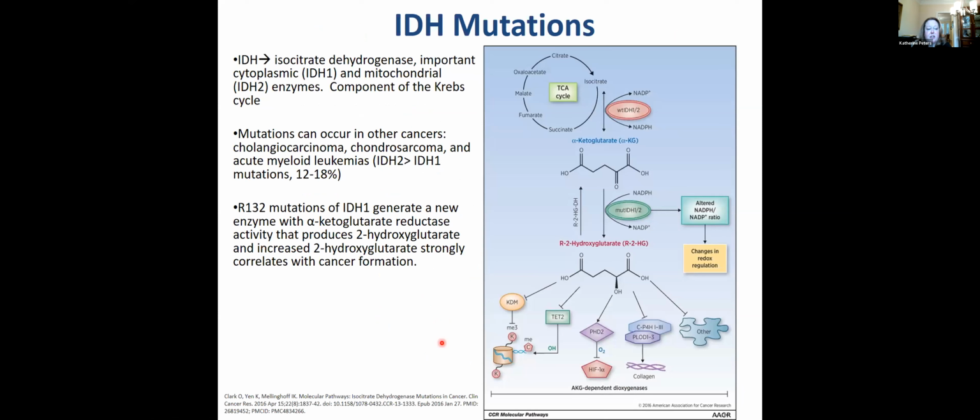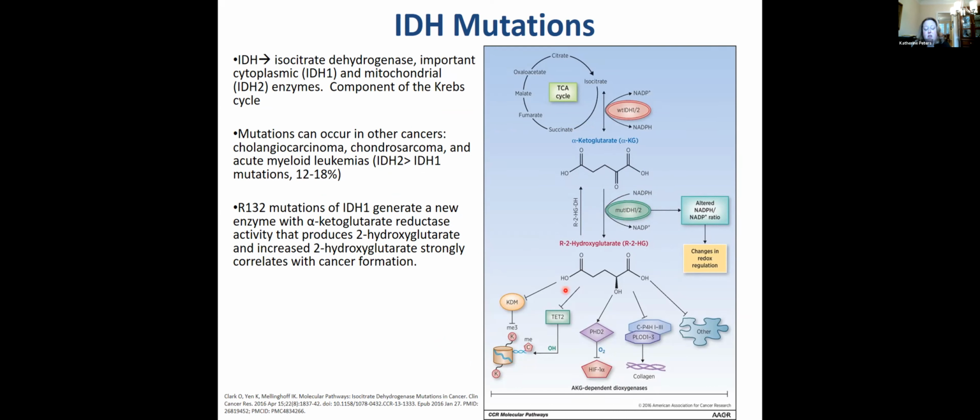And if there are any medical students in the audience, or perhaps our residents, you'll recall that isocitrate dehydrogenase is a key component of the Krebs cycle, and it converts isocitrate into alpha-ketoglutarate. But when you have this mutant enzyme around, it takes the alpha-ketoglutarate and in turn converts it to 2-hydroxyglutarate, which is termed an oncometabolite.